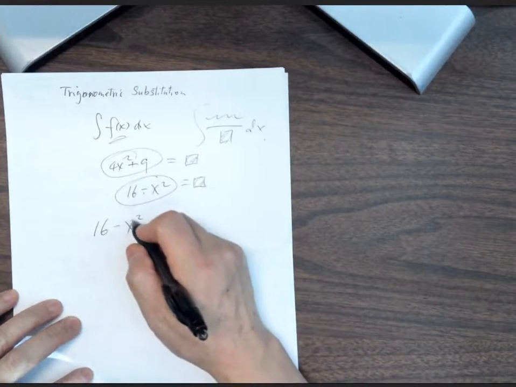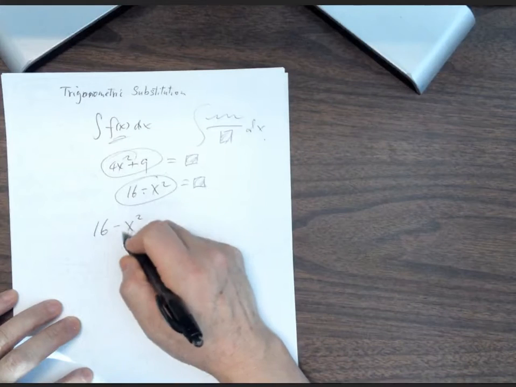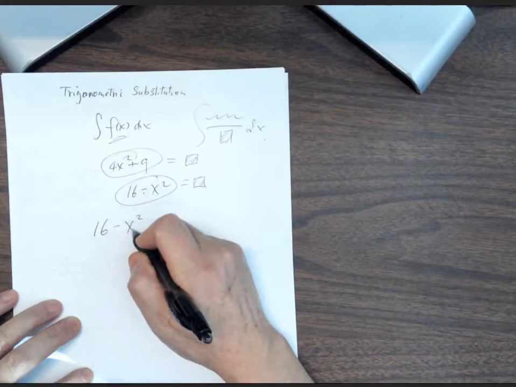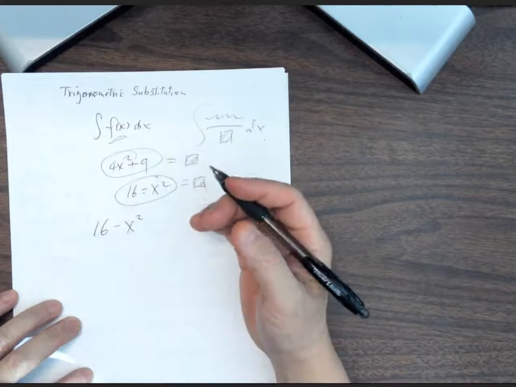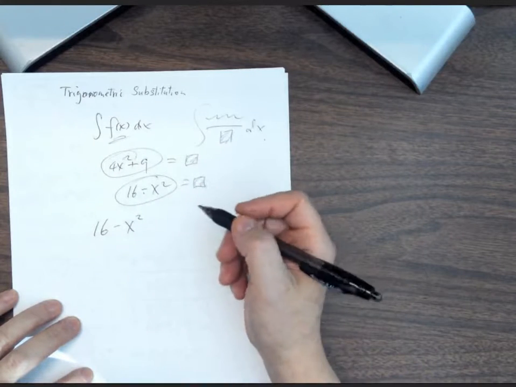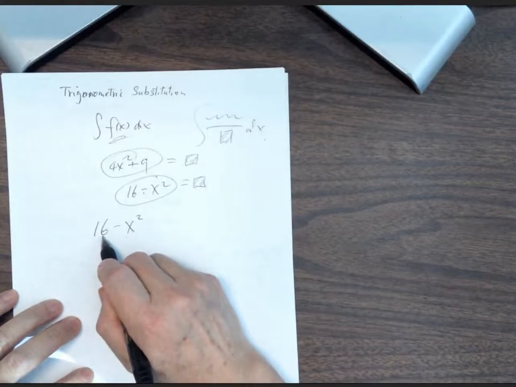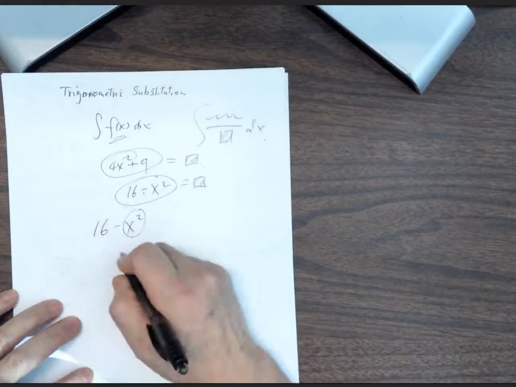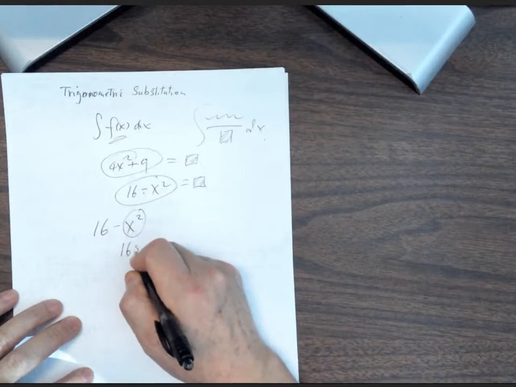It makes sense to hope to have sine squared here. But in order to apply the exact identity, we have to match the 16. So this term better be 16 sine squared.